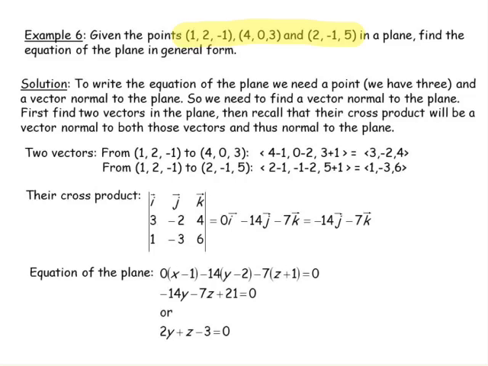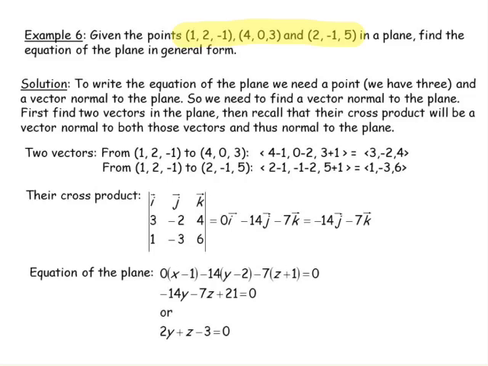So first of all, we know how to write the equation of a plane given the normal vector and a vector that lies in the plane. So what we need to do is find a vector orthogonal to our plane, which means we need a couple vectors in our plane so that we can do the cross product.